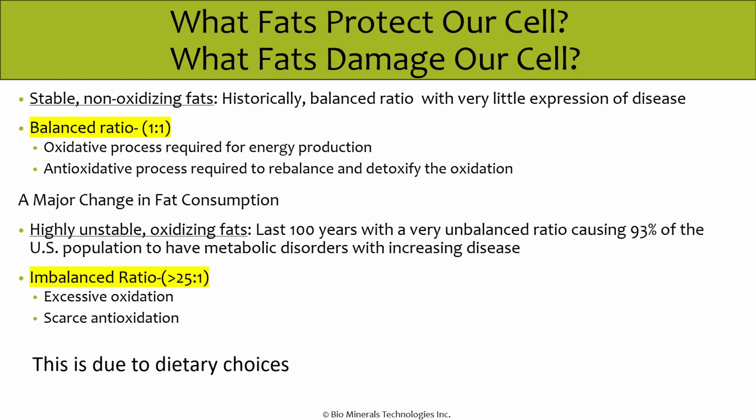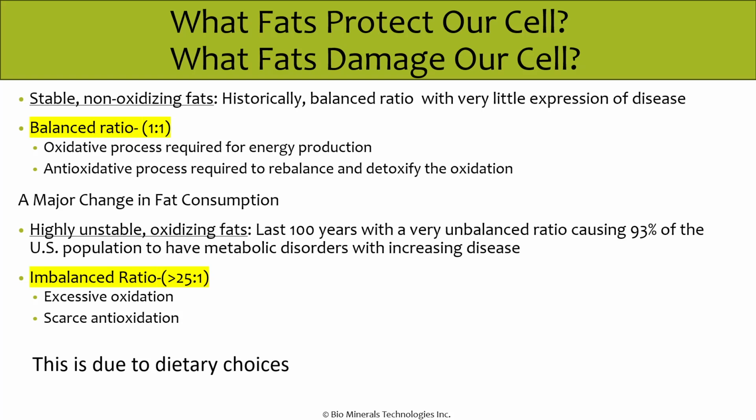Our stable, non-oxidizing fats, historically, have been a balanced ratio of 1 to 1 with very little expression of disease. The oxidative process is required for energy production. We have to have it. But the antioxidation process is required to rebalance it and detoxify the oxidation. And this is a critical balance.